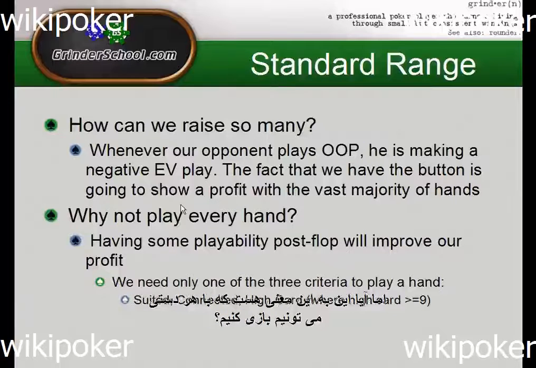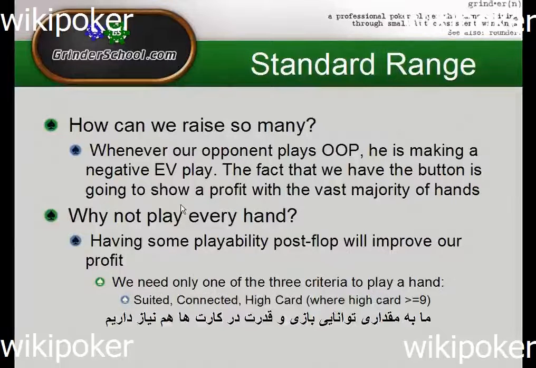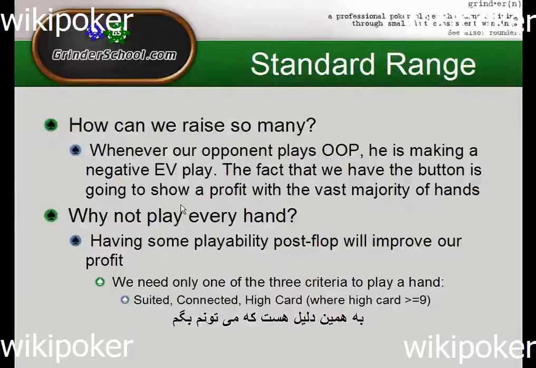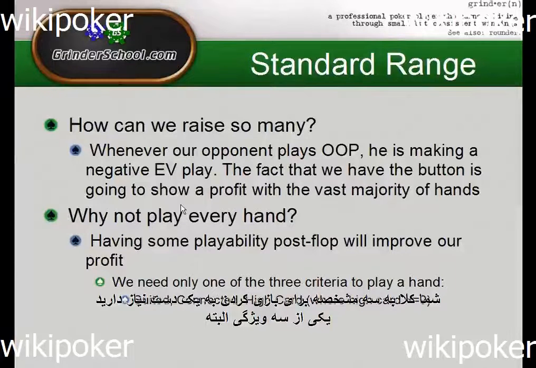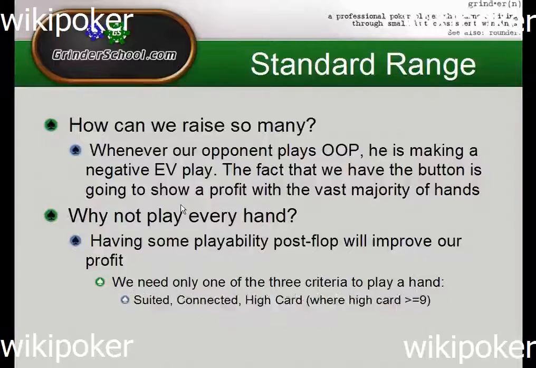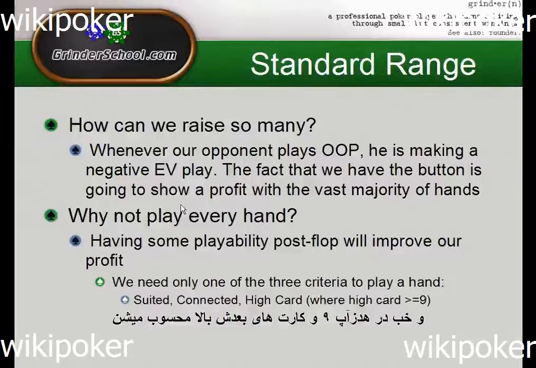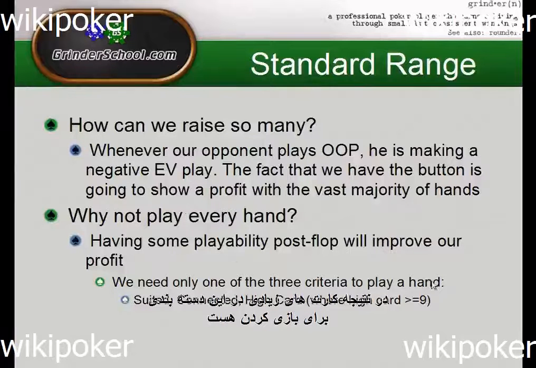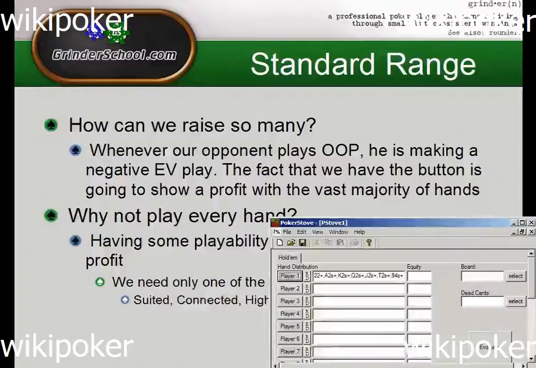But that doesn't mean we can play every hand. We need some playability, and you need really 1 of 3 criteria to play the hand: anything suited, anything connected, or anything like a high card. And in heads up, a high card is 9 or higher. So there are a lot of cards to play that fit in this category.